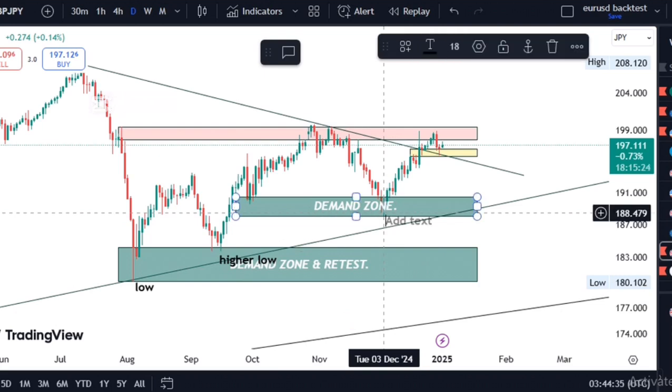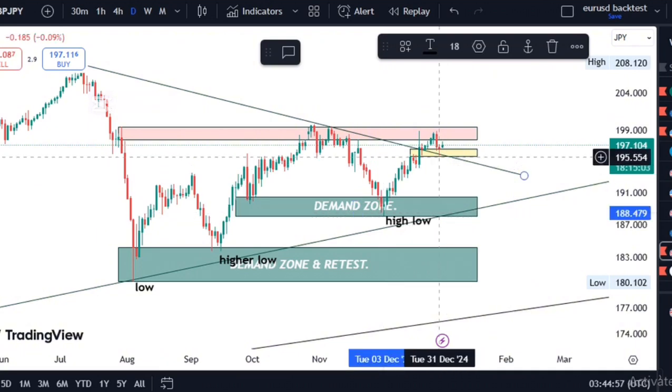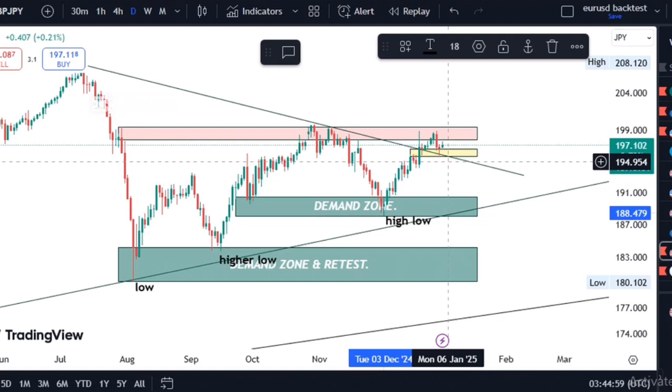So here also is what? A lower high. A higher low, sorry. Here is a higher low because it's higher than this previous low. So it's a higher low.